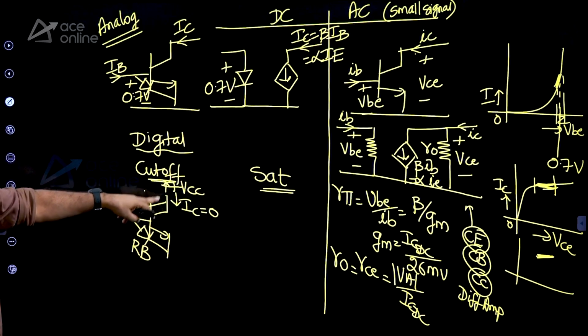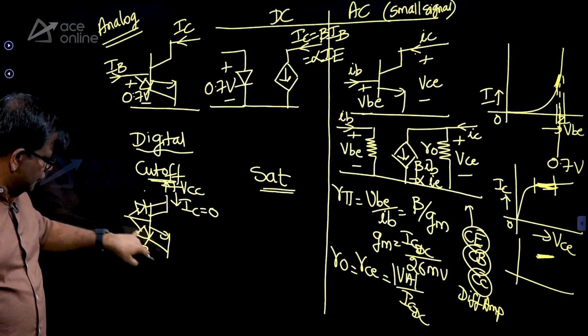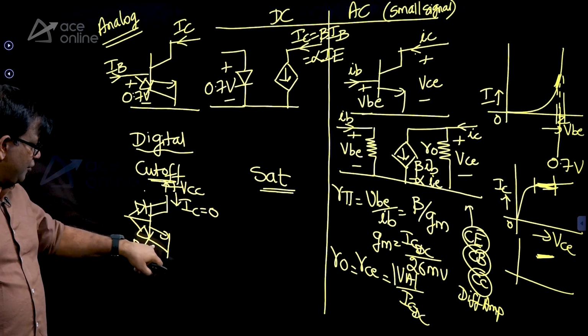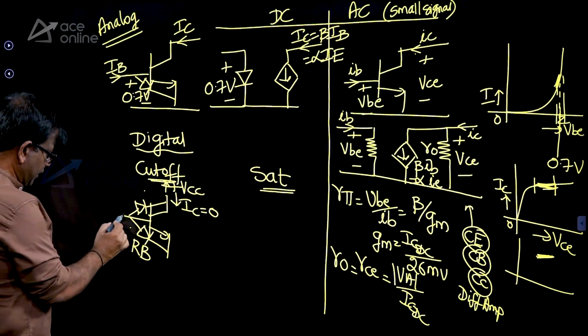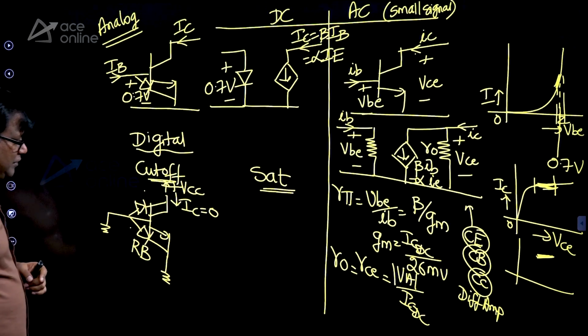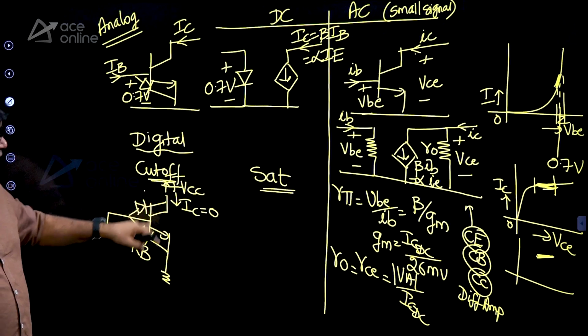So cutoff problems are quite simple. All that you have to see is whether this diode is on or not, right? So this diode you can reverse bias in so many ways. You can connect this to ground, this also to ground. So the device will be in cutoff region.